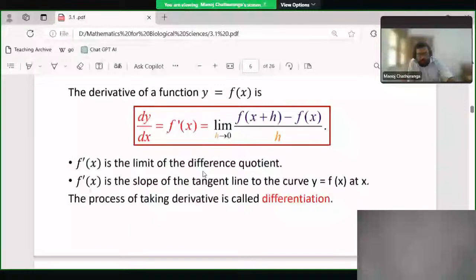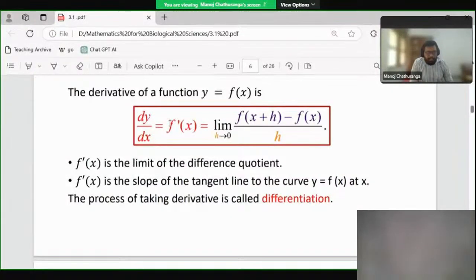So this is what we call the derivative. For the function y equal x square, we computed the slope at any point. The slope of the tangent line is just 2x. So the derivative of f of x equal x square, we got 2x. 2x is another function. So differentiation is the process of converting a given function to another function.